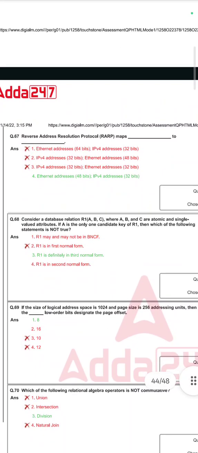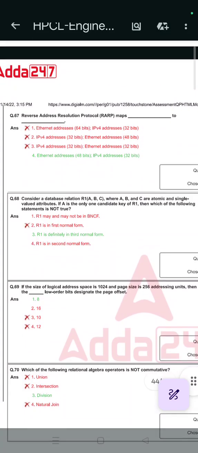Reverse address resolution protocol, RARP, maps a 48-bit Ethernet address to a 32-bit IPv4 address.